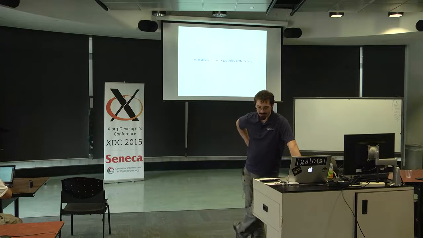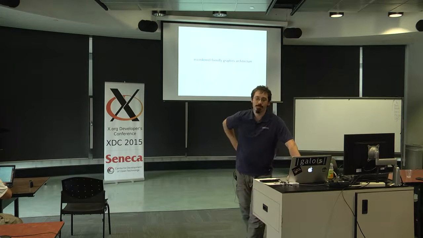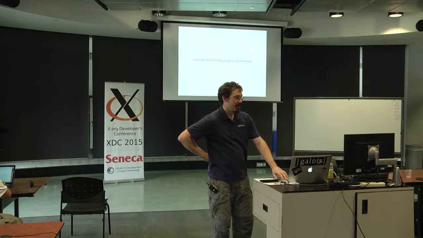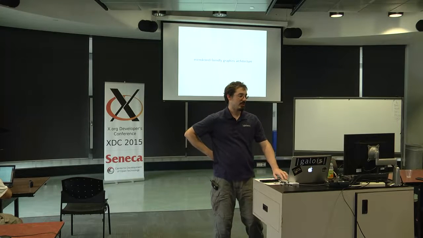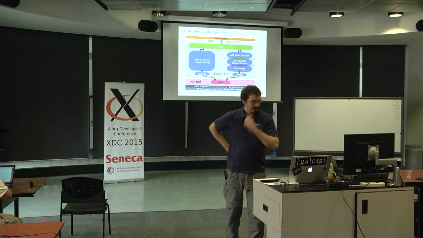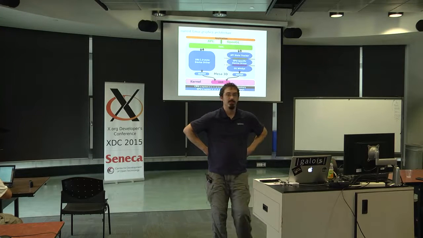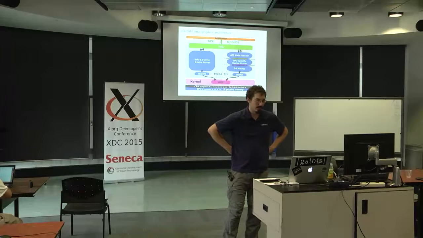So this is the X.Org Developers Conference, so let's actually talk about graphics. Let's think about what a microkernel-friendly graphics architecture would look like. But first, here's a nice diagram of the Linux graphics architecture, and I'm focusing here on OpenGL.